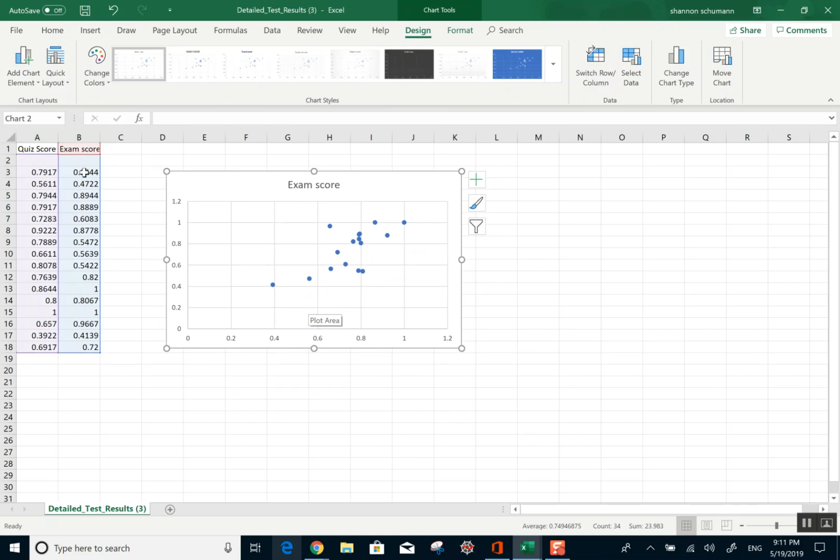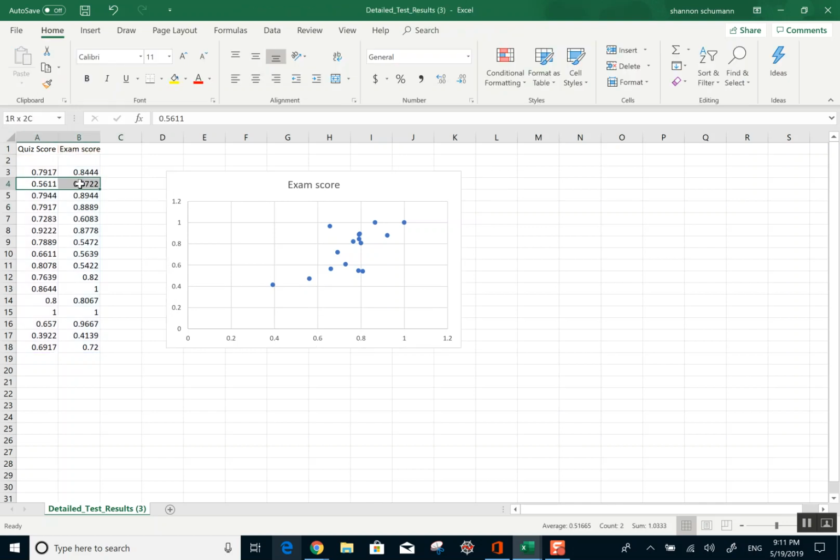Each one of these points is one row on my table. So for example, this point right here has the point 56, 47. That corresponds to this person. This person scored 56% on their quiz, and then they ended up scoring 47% on their exam.